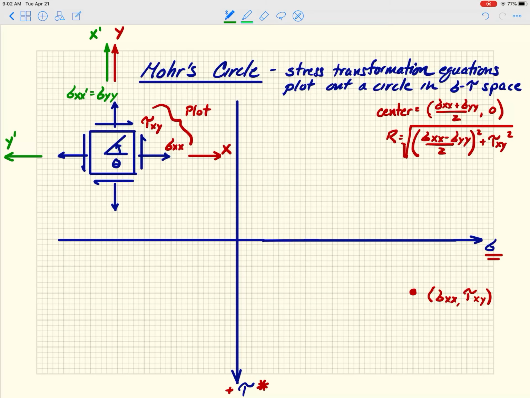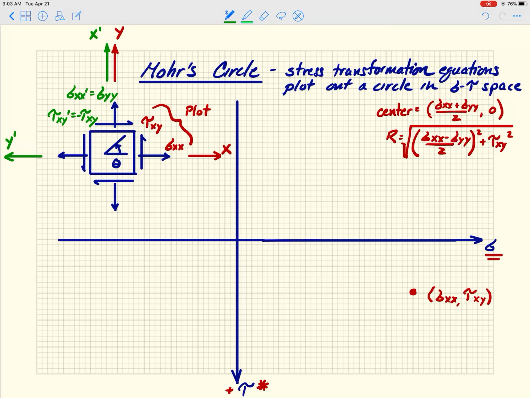So if I've defined my new coordinate system by rotating it, what has happened is that sigma yy is now pointing in the x prime direction, and it becomes sigma xx prime, right? And then the tau xy actually becomes negative tau xy. So how do we think about that?